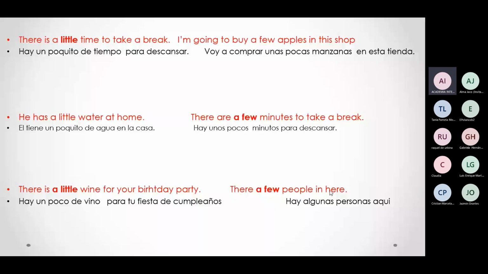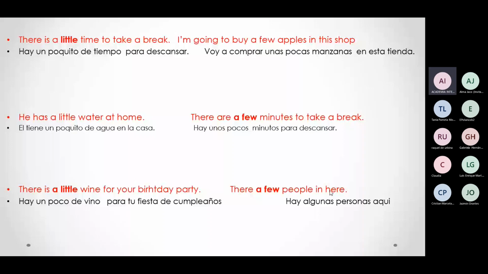Questions so far about these sentences? Is it all clear? Well, from my perspective, I think that this topic is a little bit easy, but I don't know what you think. So, what do you think?